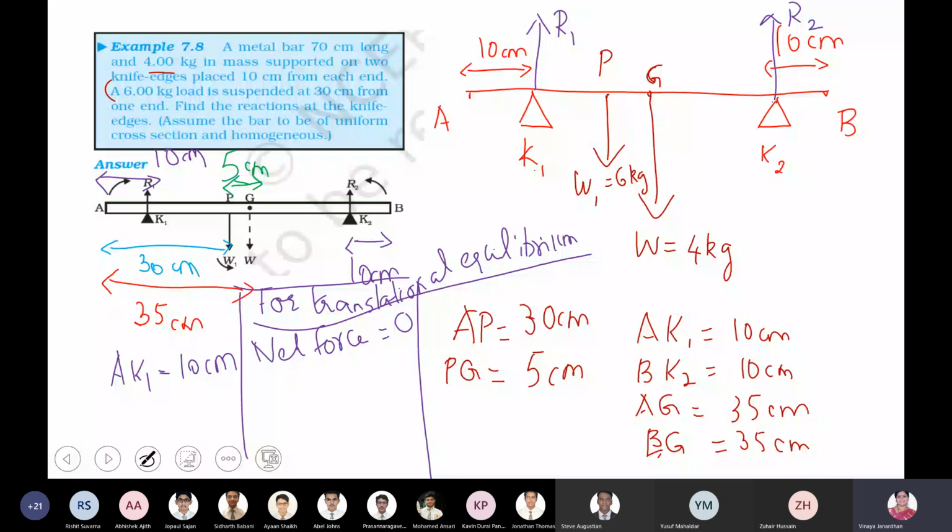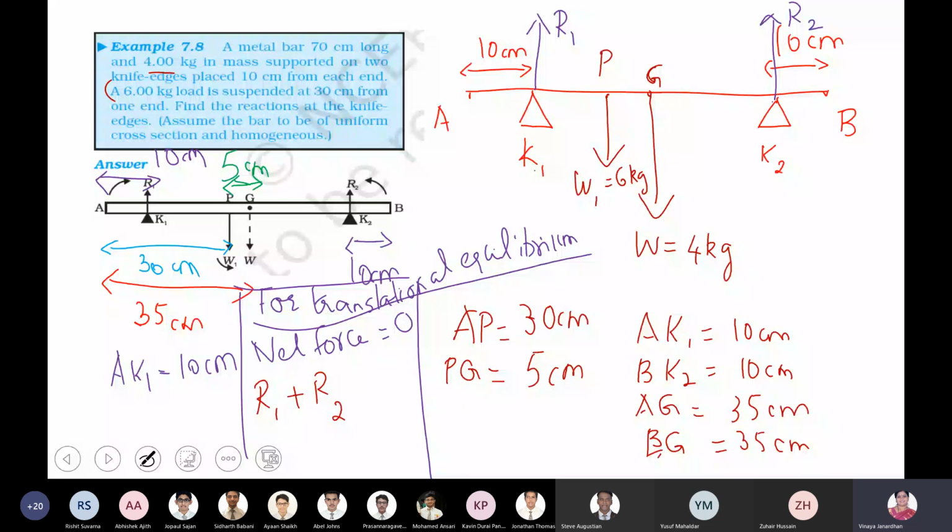Which are the forces which are acting in the downward direction? Ma'am, forces. W1 and W, right? Both are negative. W1 minus W. Boys, are you clear?